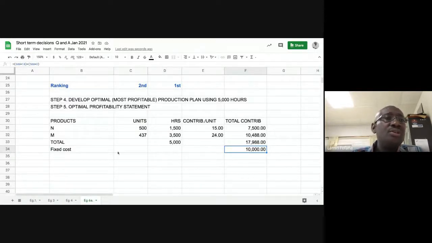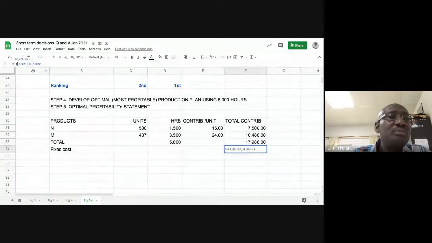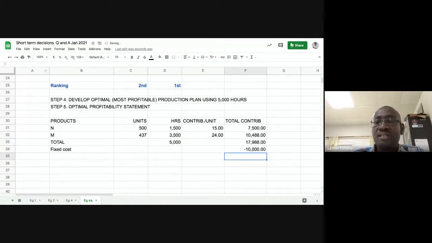Okay, so we can put this, of course, in brackets so that we've got everything in brackets, but we can make it minus. So we put minus and open bracket and close bracket, then that will give us minus 10,000, okay?